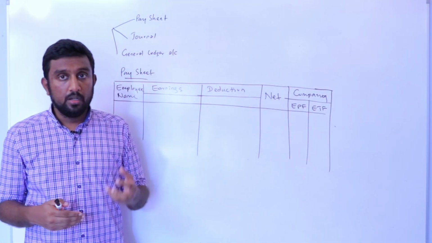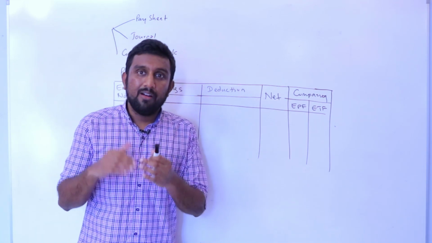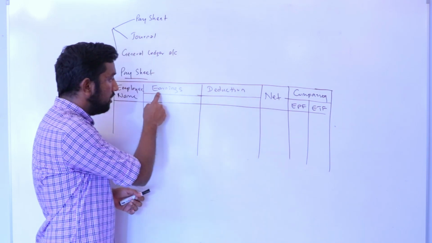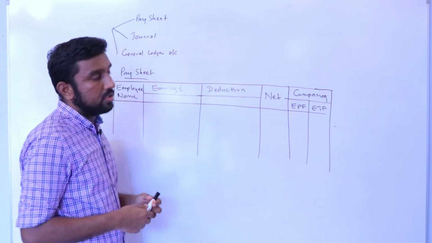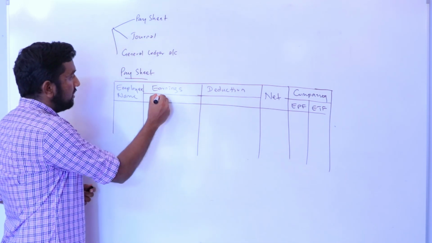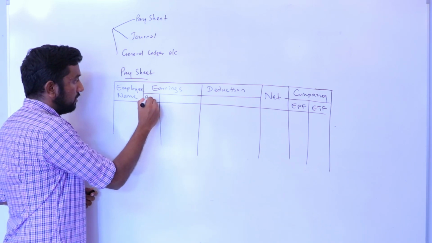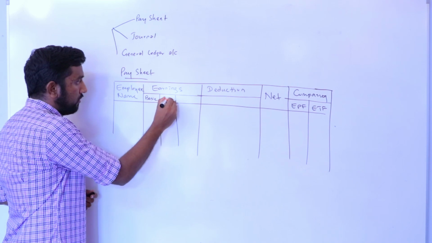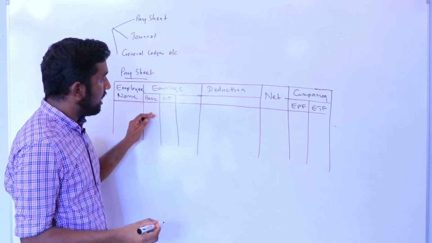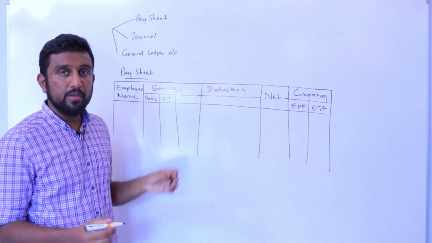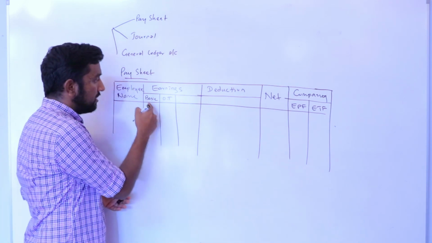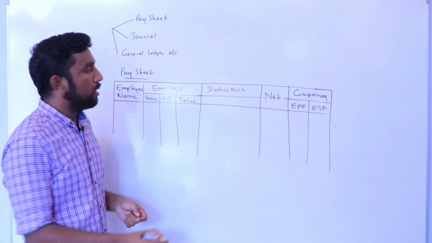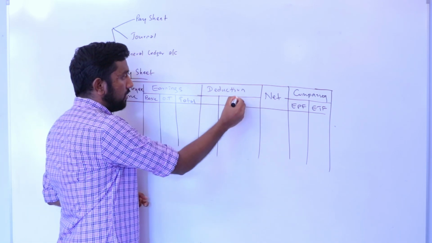Therefore, you have to check the question, find the number of columns you need, then divide the columns. So let's say we have basic salary for an example, and we have only overtime. So we divide the columns based on the question. I just have basic and overtime, and then you have to find the total. Likewise, deduction, I assume I have only three.